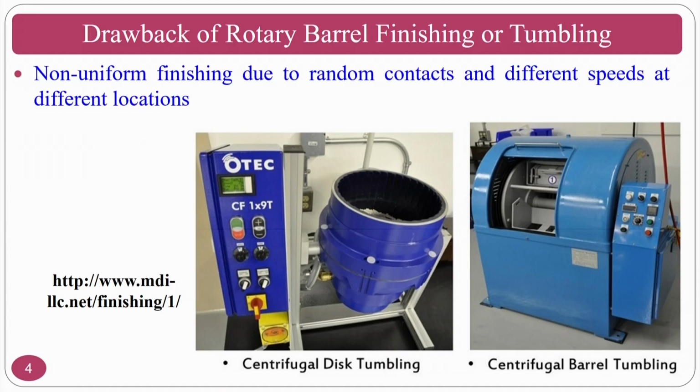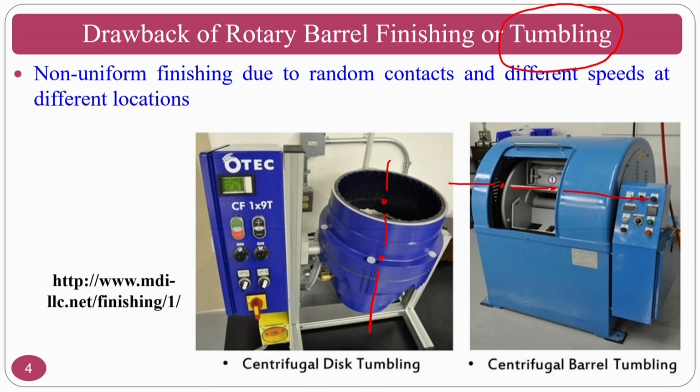So, in the previous slides, if you see the tumbling process, the basic drawback is that there are two varieties of tumbling processes, and these two have certain problems. Before going to it, we will see what the problem is. If you see the axis of this one, a vertical axis will rotate about a horizontal axis.